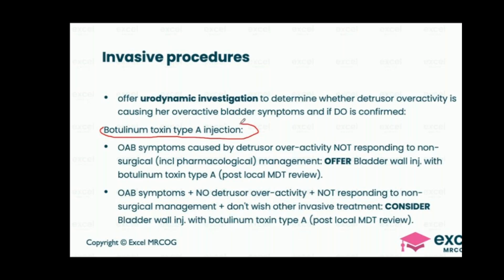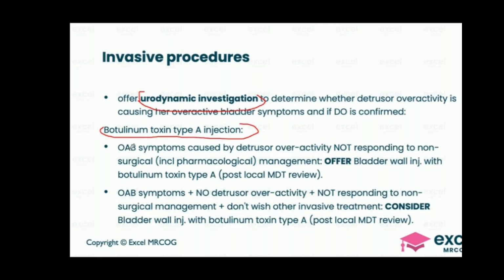So when you use botulinum, you have to be very sure it is indeed detrusor overactivity, because otherwise you're going to unnecessarily relax that bladder and cause retention. So you need to do urodynamics. If it is pure OAB, you will send to the local MDT, then urodynamics, then botulinum toxin.